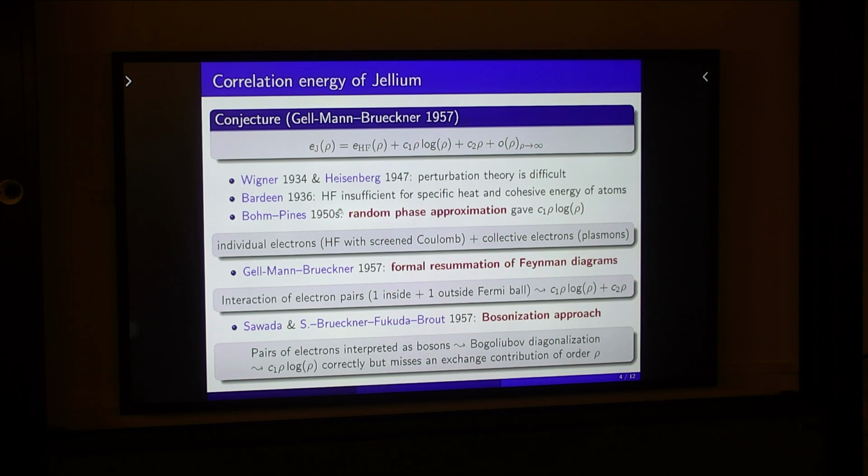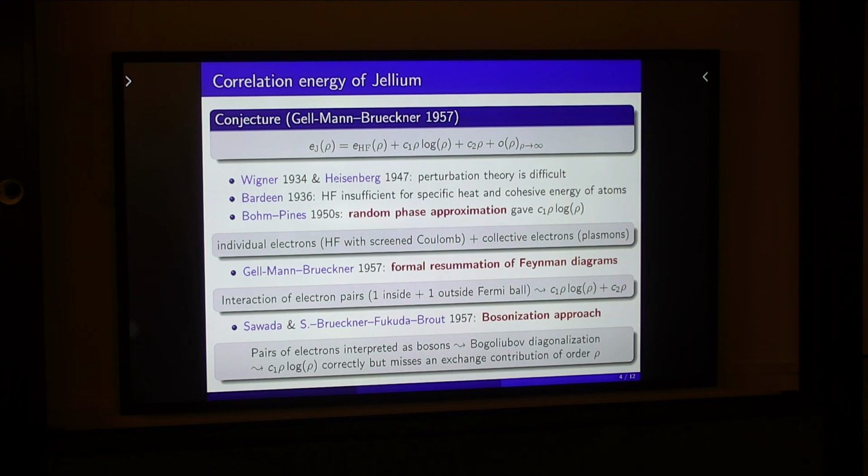What you can basically describe as what they did is taking the Hamiltonian and decomposing it into 2 parts. One which describes a collective motion of electrons for some small momenta, and they called that plasmons. Plus individual electrons, which basically travel in the background of the plasmons and therefore get the screened Coulomb.